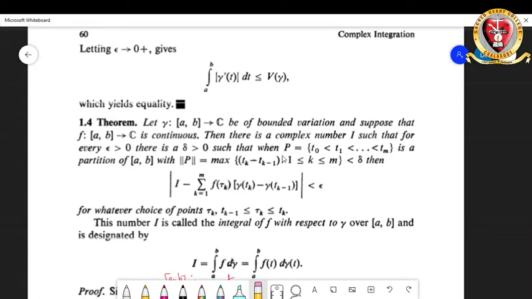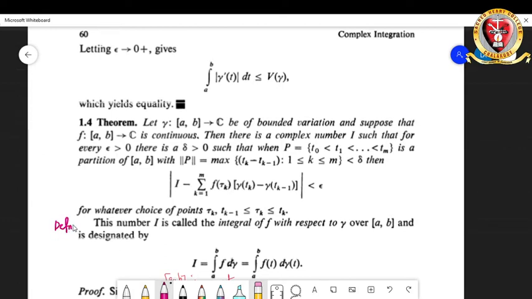Even though it seems a little lengthy, we can split it part by part and understand it nicely. In this theorem there is also an important remark, and that is a definition.